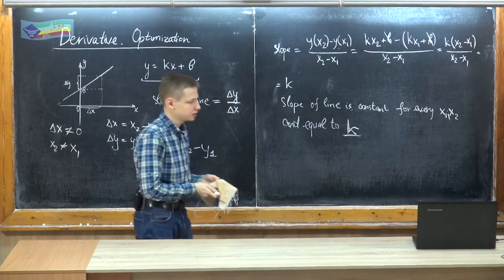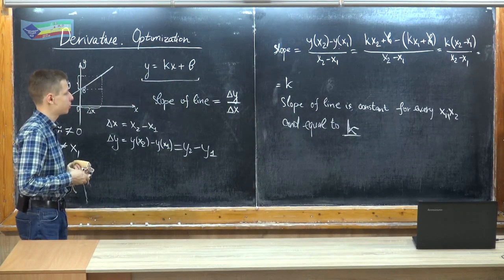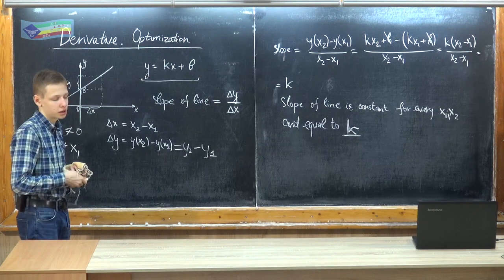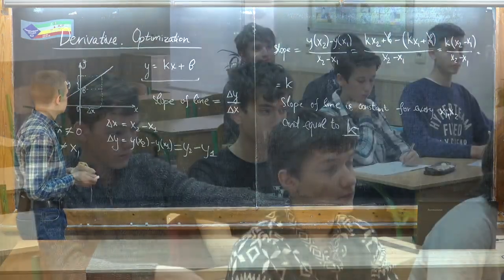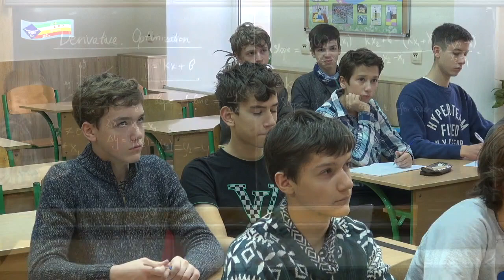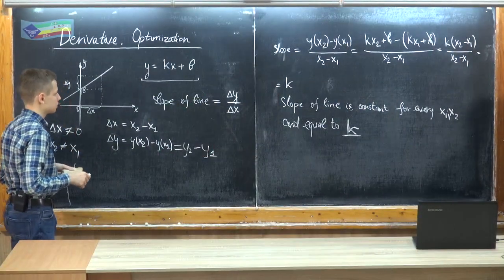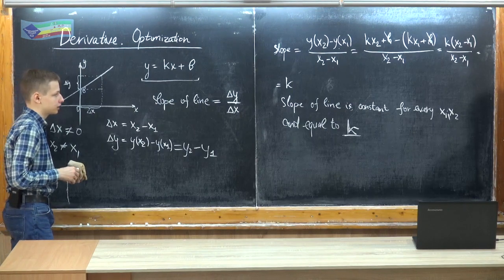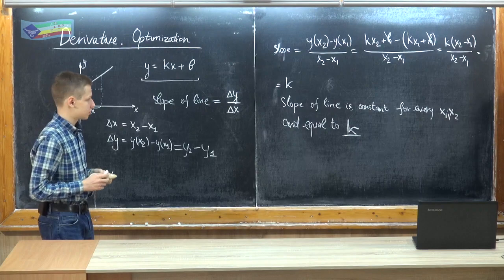That's pretty easy. And why do we need to consider the slope, and what is the derivative, why the derivative, and what's the matter with the slope? So actually now, after we've considered a linear function, we can consider other, more complex functions, and see how the slope of a line depends in other particular cases.